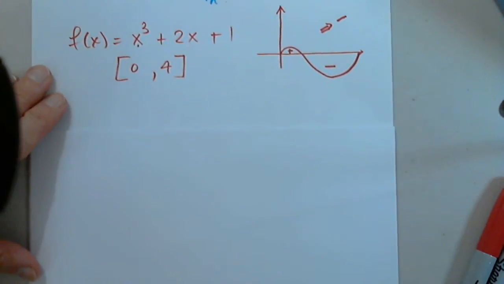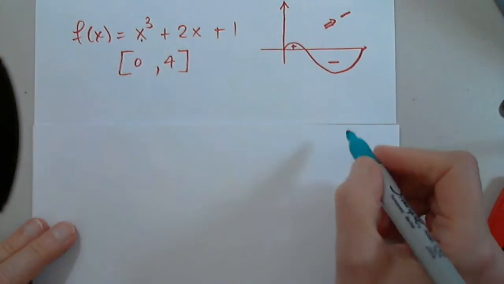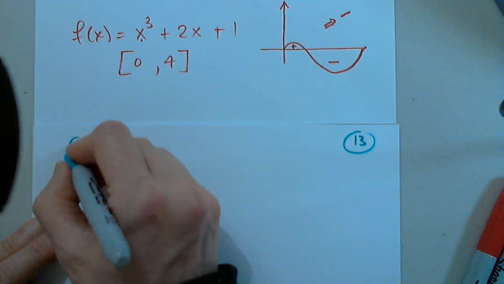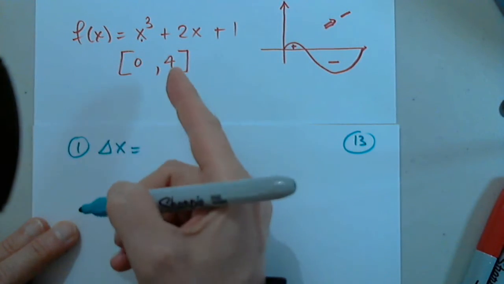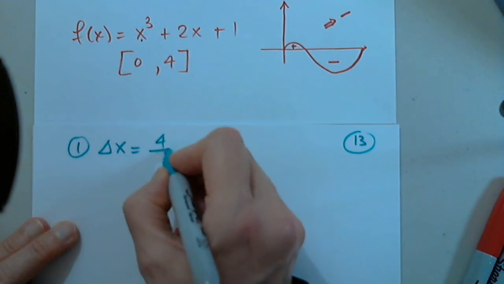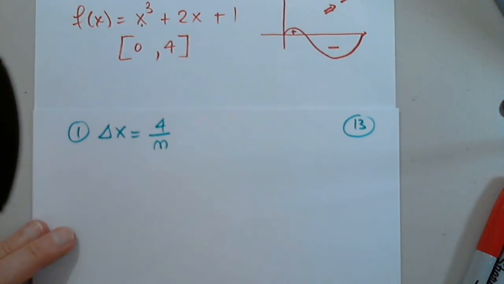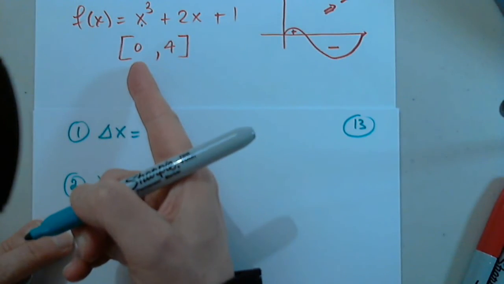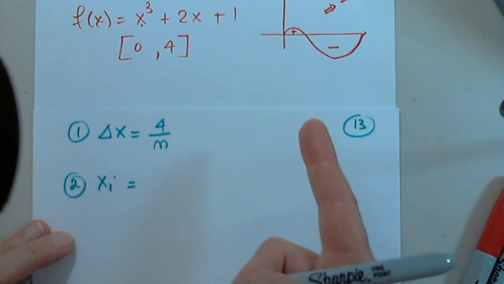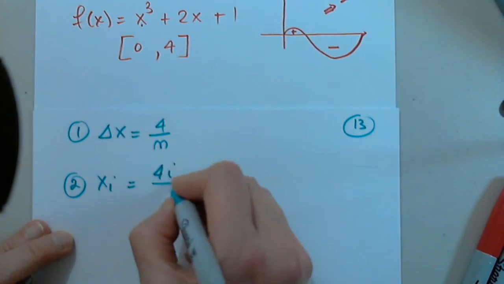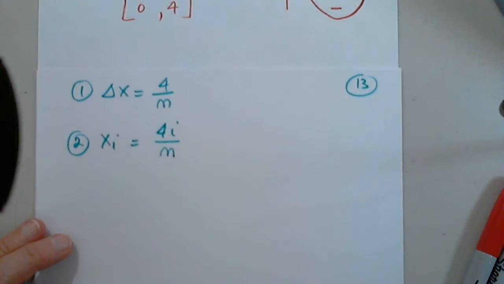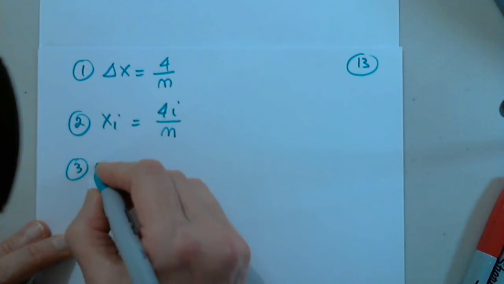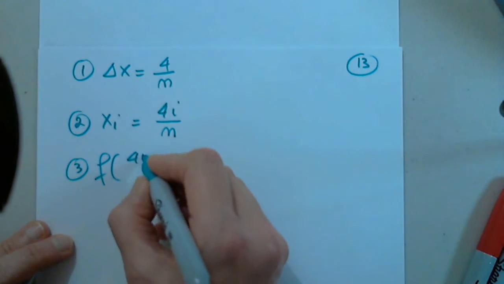Remember the 3 preps. Prep number 1 is delta x, 4 minus 0 over n. Prep number 2 is xi, which we know is 0 plus i delta x, so this is 4i over n. And the last prep is f of xi, or f of 4i over n.